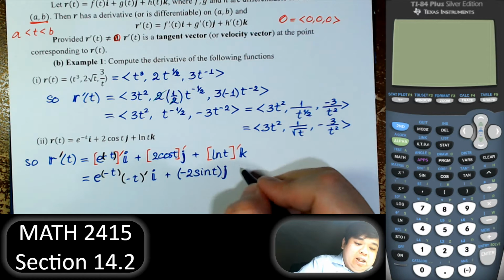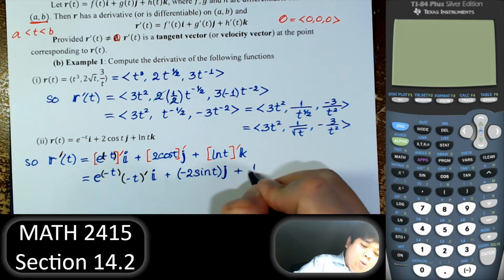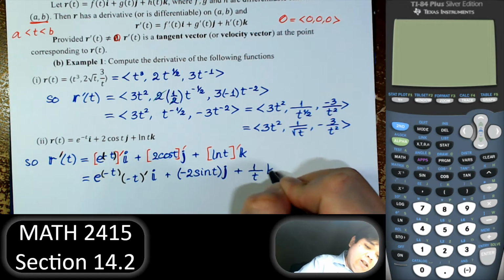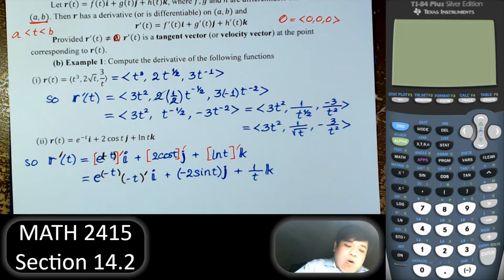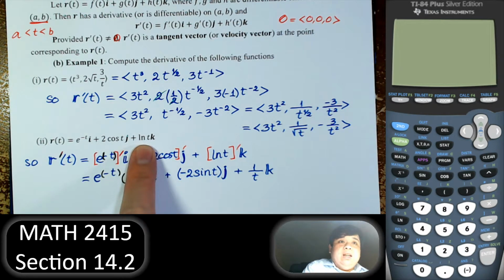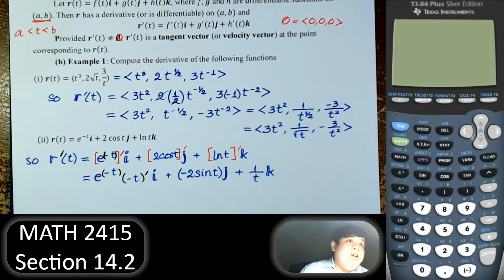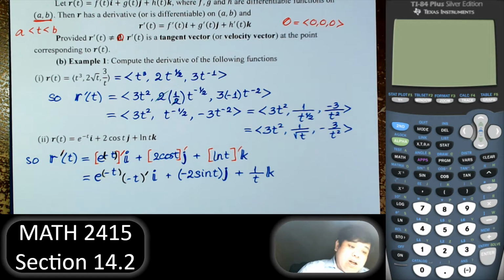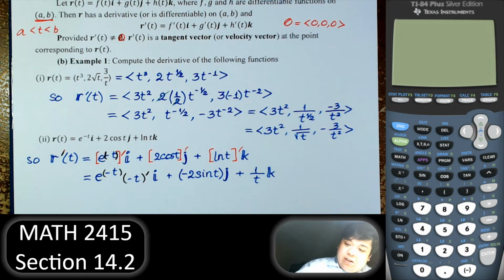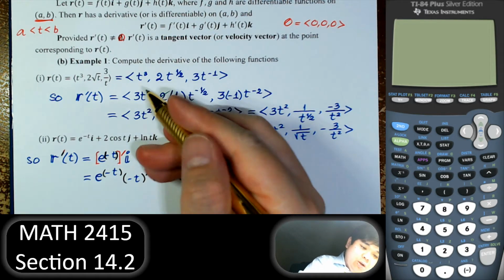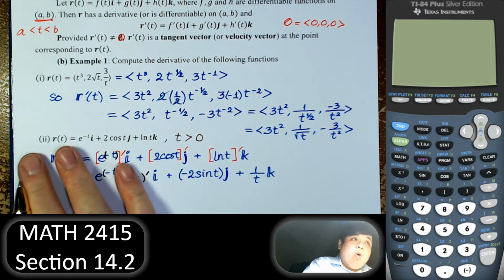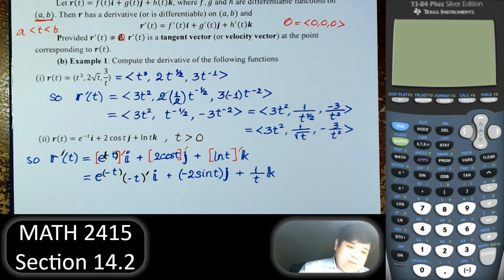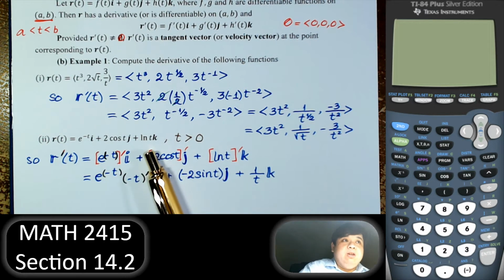The derivative of ln t is 1 over t. That's simple enough. Just one more thing though. If we write ln of t, ln of a negative number is undefined. So for this to work, we do need t greater than 0. In that case, all of them are defined. ln of 0 is undefined either.